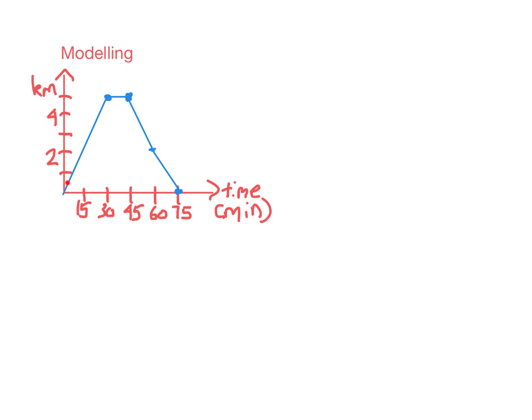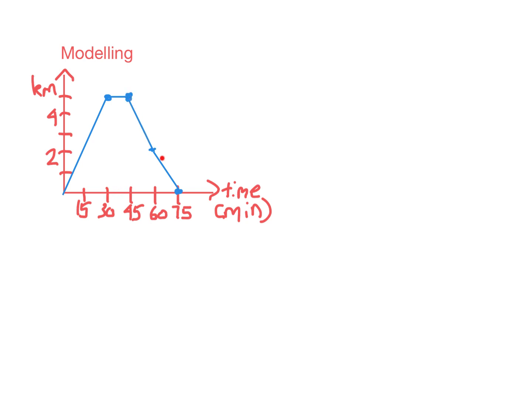Now because this is a straight line, constant gradient, it means I was running at a constant speed. For the first 30 minutes here, I ran at a constant speed and I ran 5 kilometers in total. After that, I then had a rest. I'm not traveling any distance here, so I must be resting. I've rested for 15 minutes.